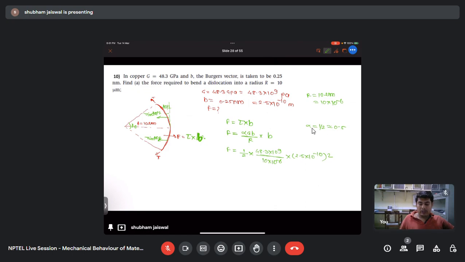Now try to answer it. So you will get F somewhere around 1.5 into 10 to the power minus 4 Newton per meter. So this much force is required to bend the dislocation into a radius of 10 micrometer.